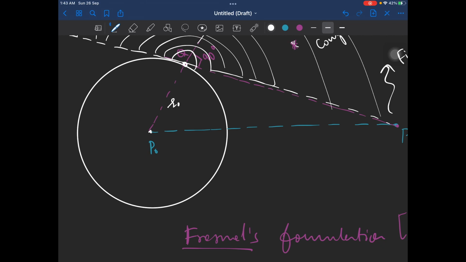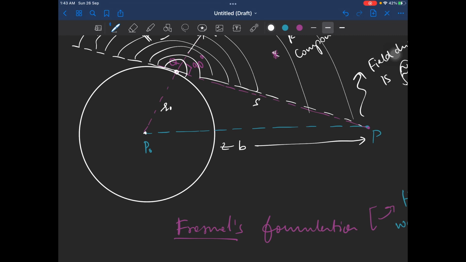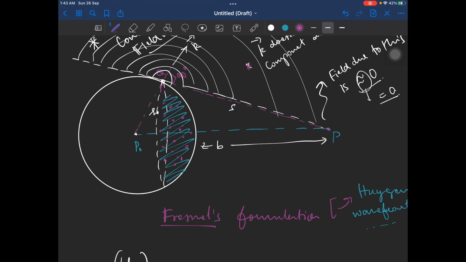This is v again, this is s, and we are being limited to this. Yeah, this. We need this area of secondary wavelets to give a field at P. Okay, this is that surface.